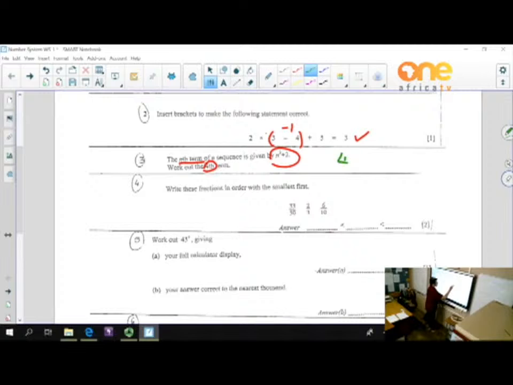So 4, it's important that you always substitute in brackets, 4 squared plus 2, and the answer is then 18.